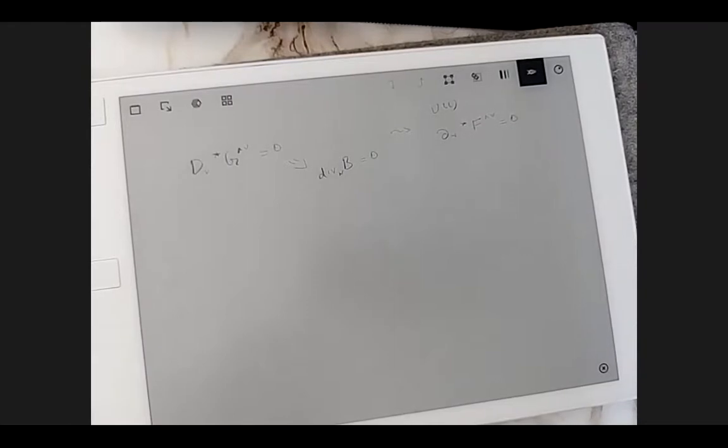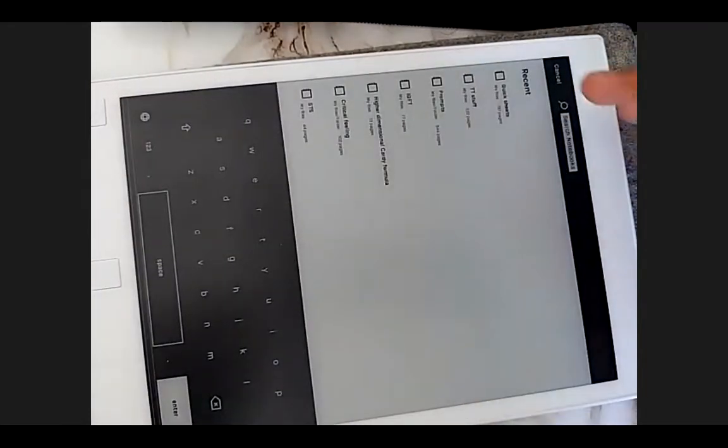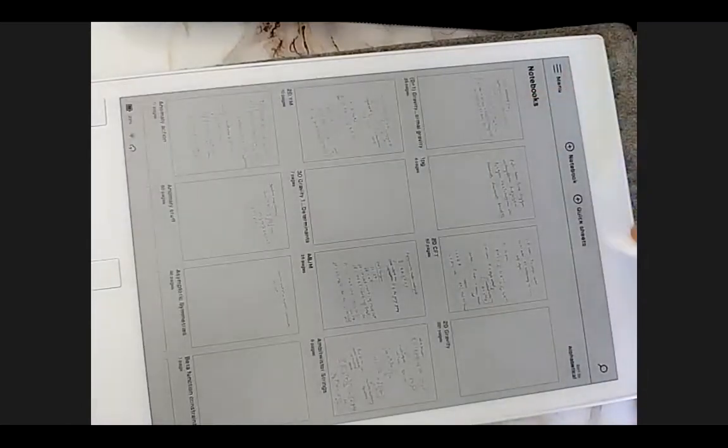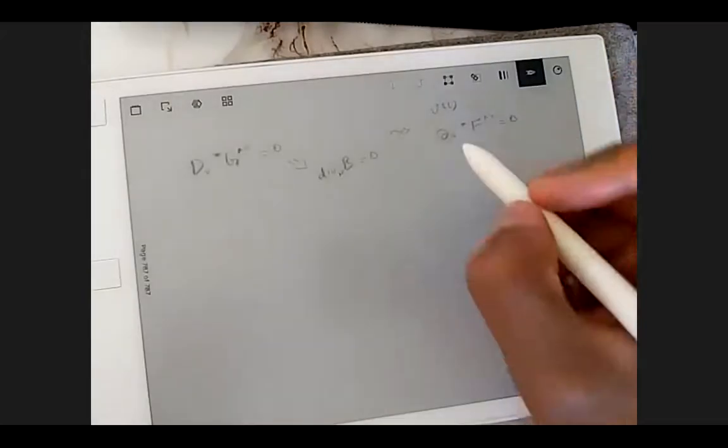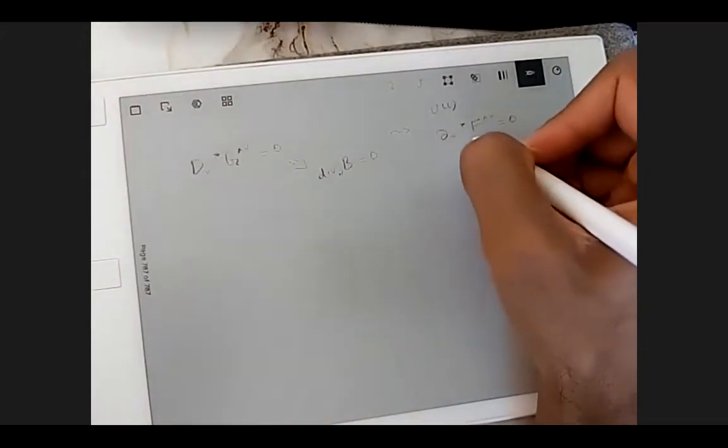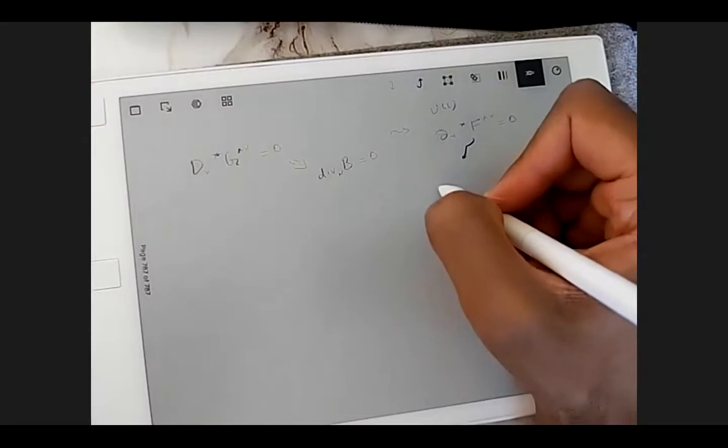Expand it out in two forms, right? So what we want to do is do it with the two form. Which two form do we care about here? We care about the field strength two form.